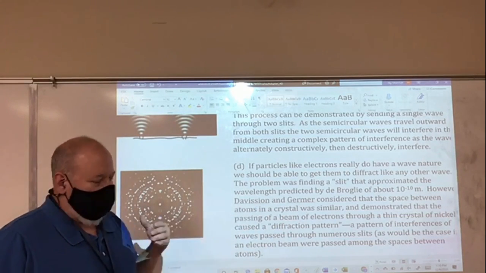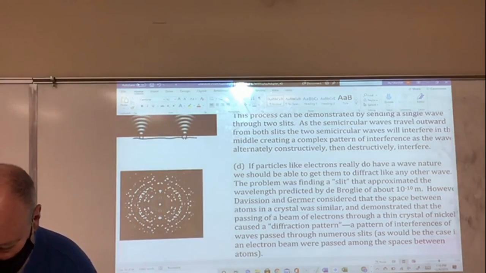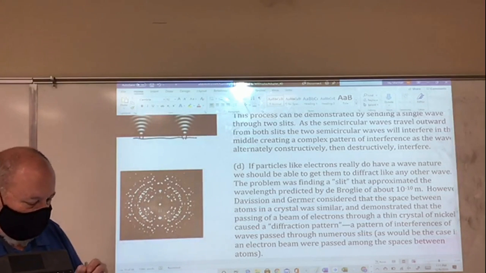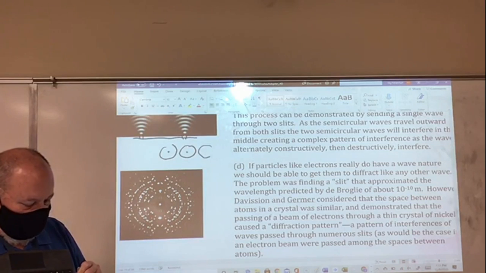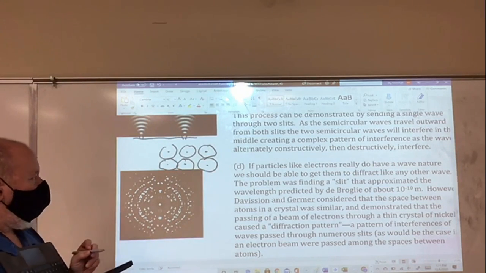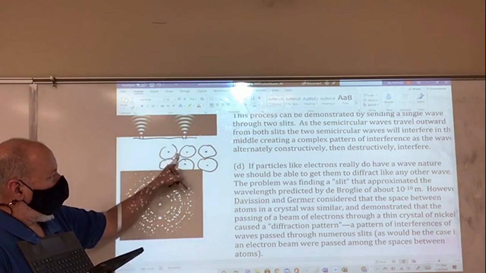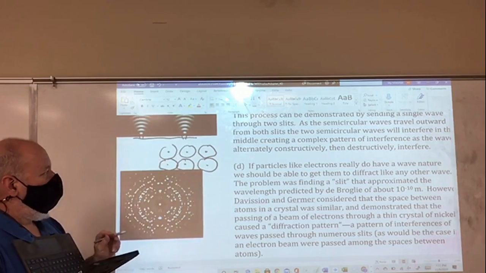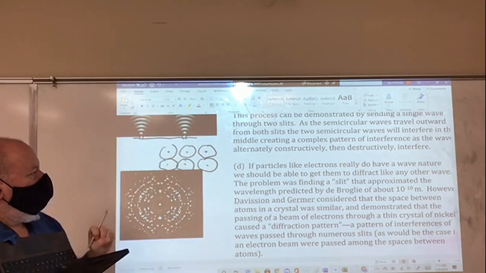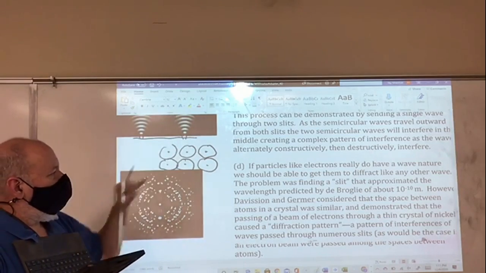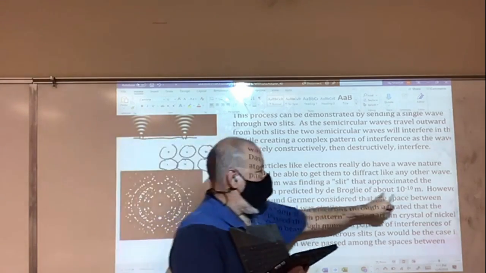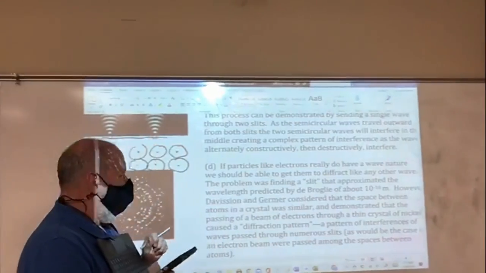Okay, so if I remember that I have atoms that are stuck together in crystalline structures, like sodium chloride, or just any kind of solid that's in a crystalline structure, there's going to be some space between the atoms, and they thought that the space between the atoms would be about the size of the wavelength of an electron.